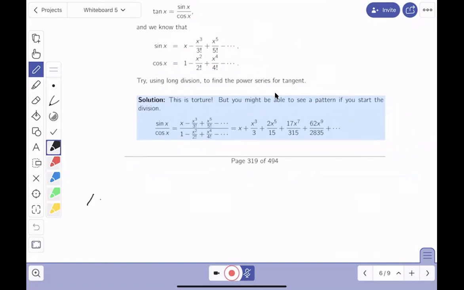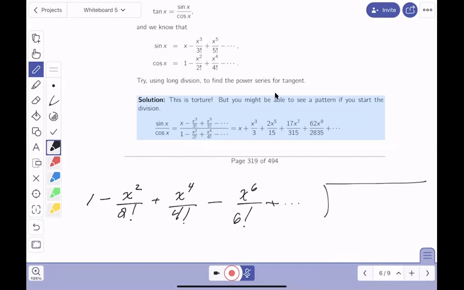So what's a long division? 1 minus x squared over 2 factorial plus x^4 over 4 factorial. And by the way, the problem with this is it just never stops. What's the next one going to be? x^6 over 6 factorial. I know the pattern to this, by the way. I'm just going to say it goes on forever. And what are we doing?